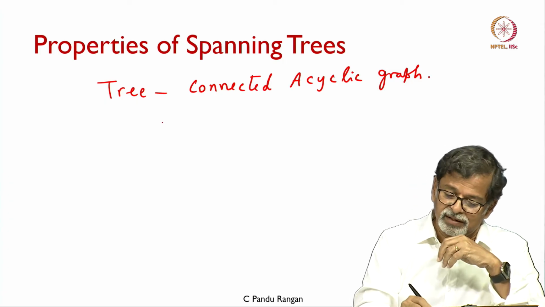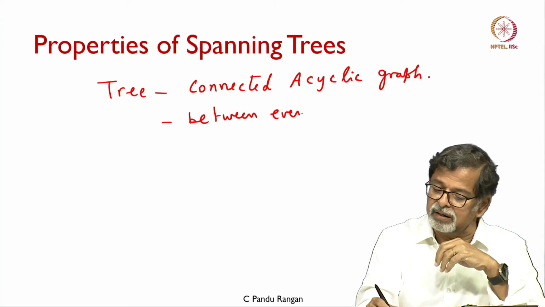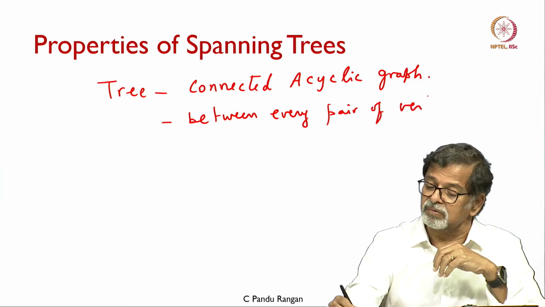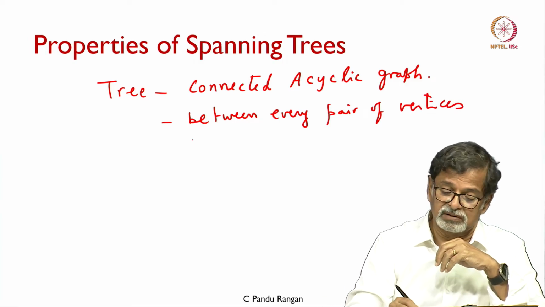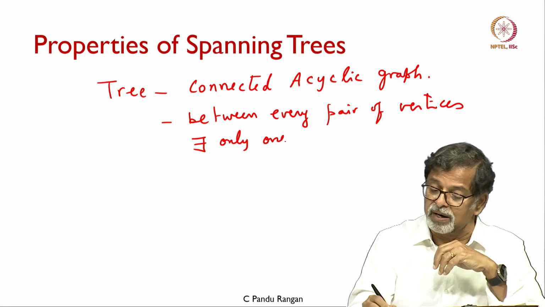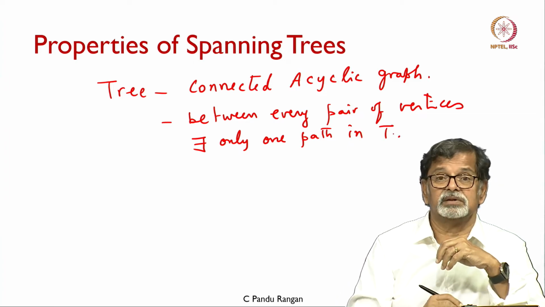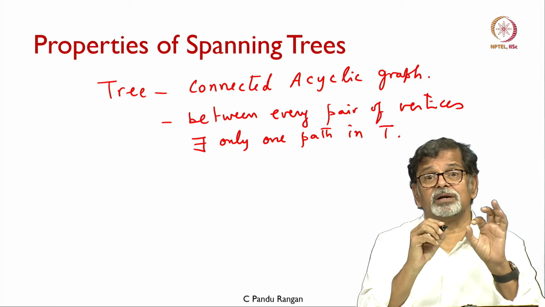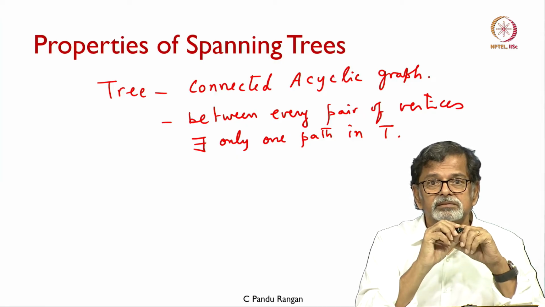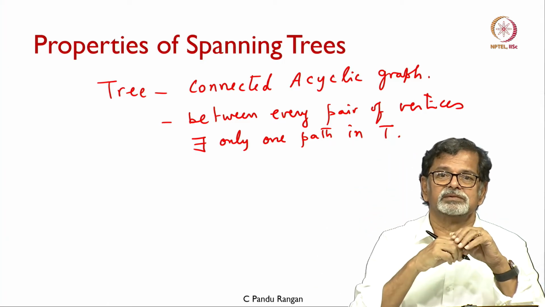Therefore, between every pair of vertices, there exists only one path in T. There exists a path and that will be the only one path. You cannot have two different paths.